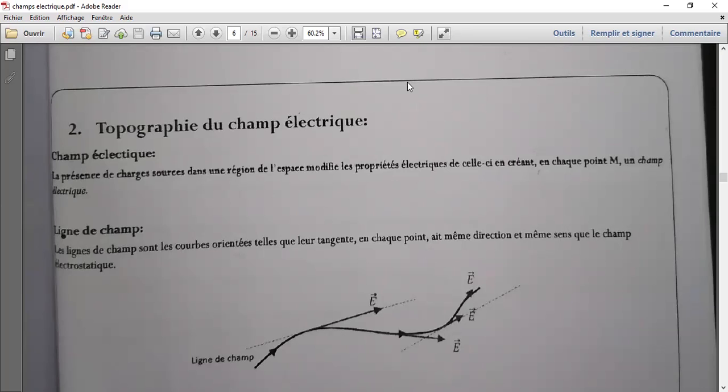And if you have a curve, the tangents which you form on the curve have the same direction and the same sense as the champ électrique. So those are the things you have to know on topographie du champ électrique.